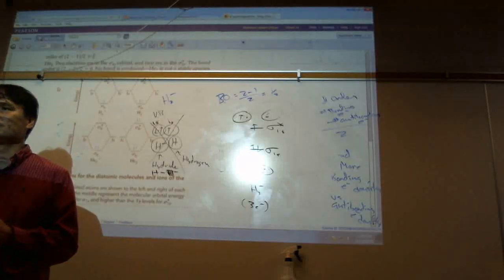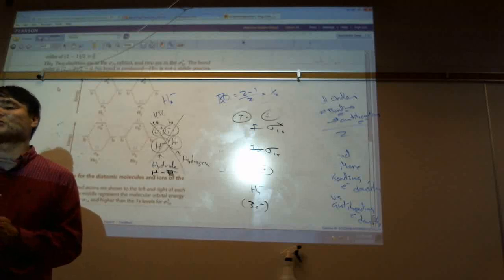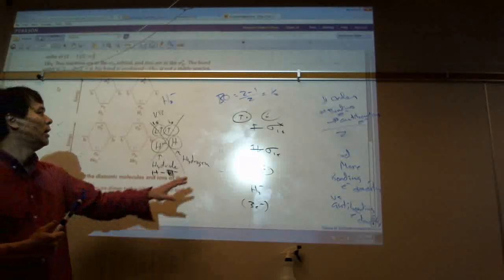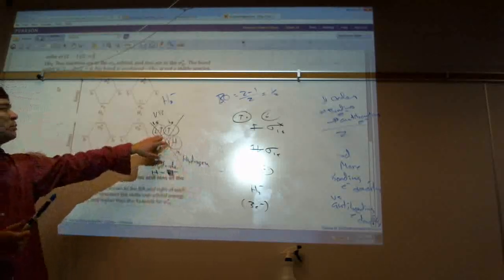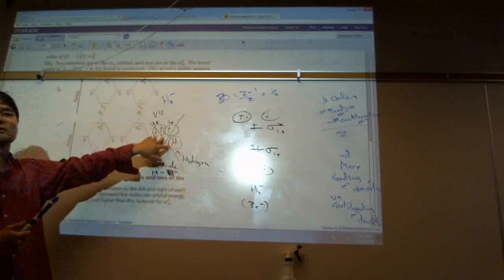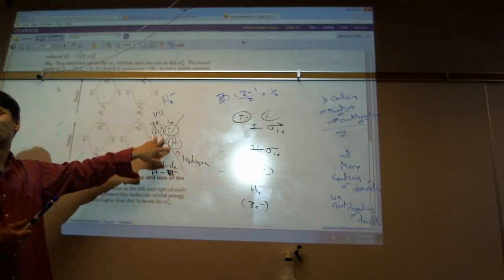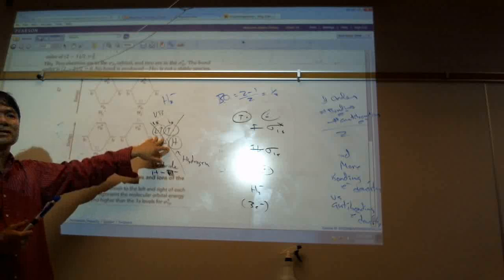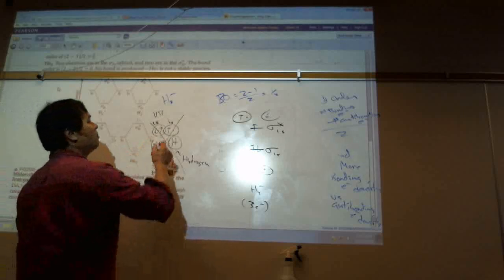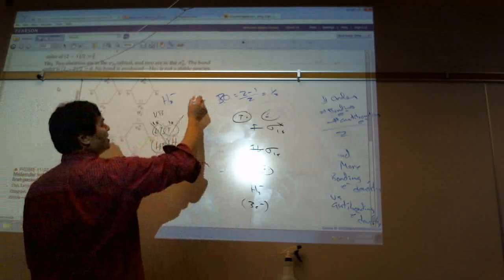Experiment shows that H2 minus exists. And so MO's correct here. Valence bond predicts you can't form it because this orbital is already full. Does that make sense? What about adding one more electron?